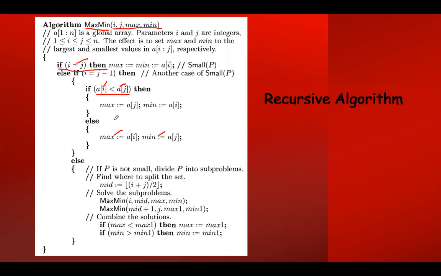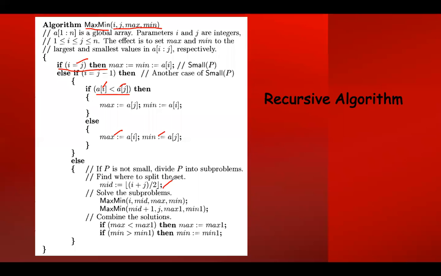If these two conditions are not true, that is, if there are more than two elements in the array, then we go to the else part. In the else part, as I said, we are using divide and conquer. Divide and conquer means we divide our array into two parts.